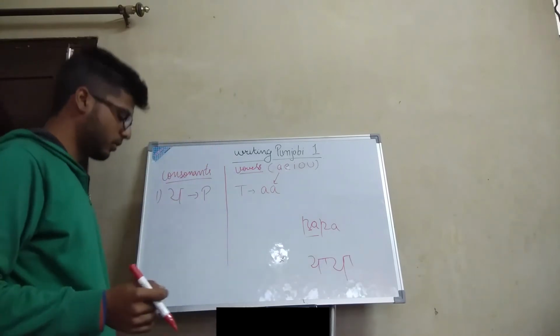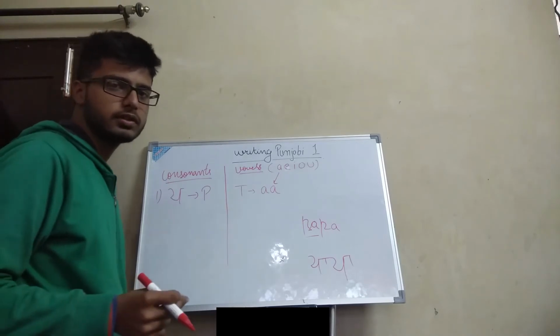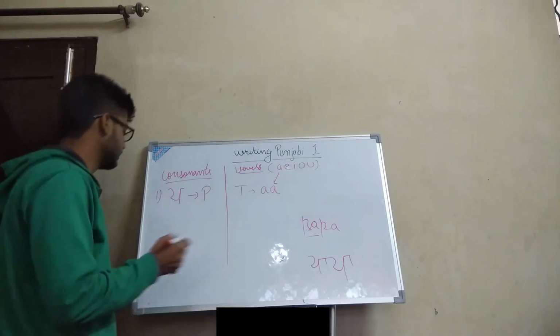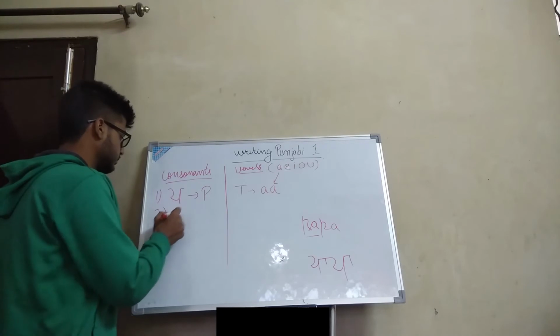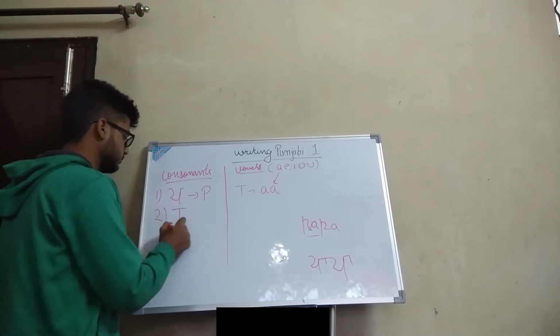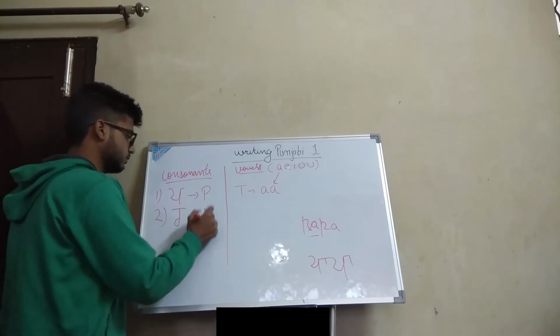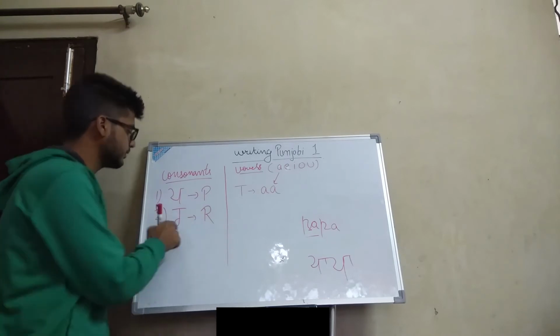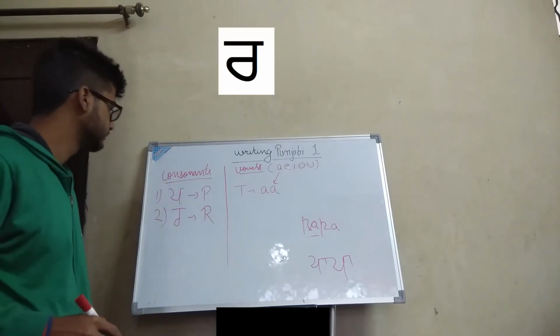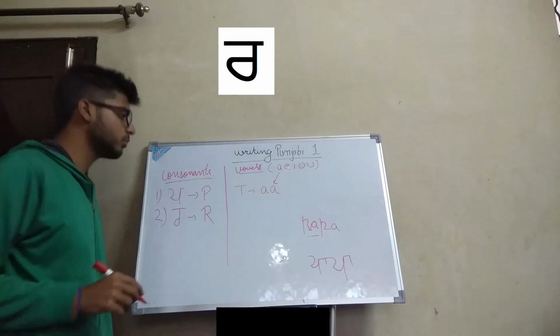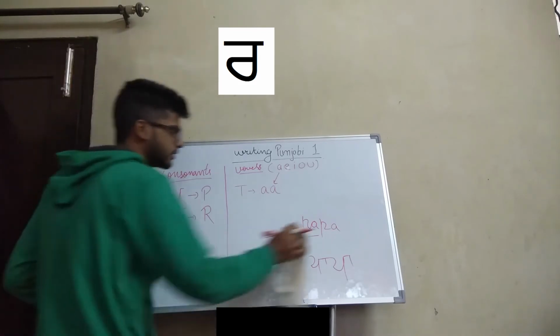So the next consonant that I am going to teach you is R. This is how we write R in Punjabi. Now to make it more clear, let's write some words.